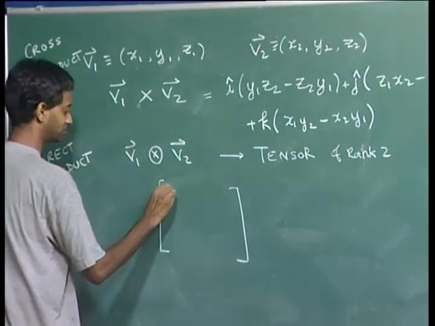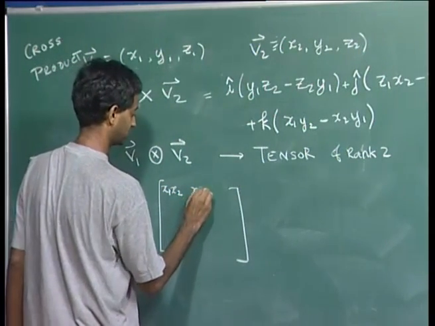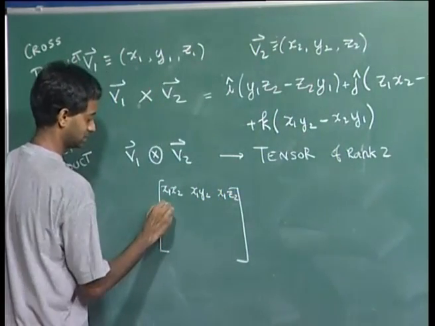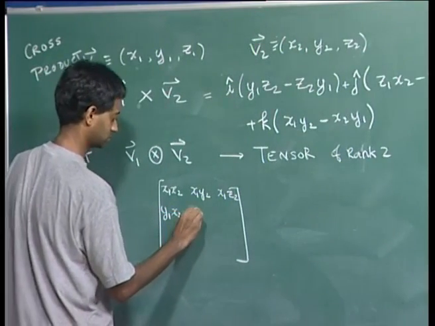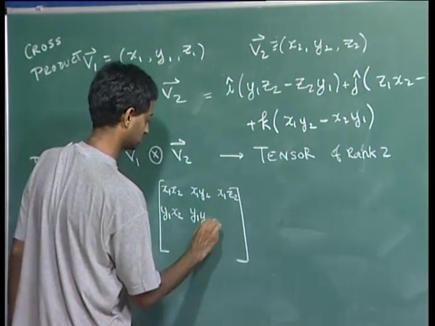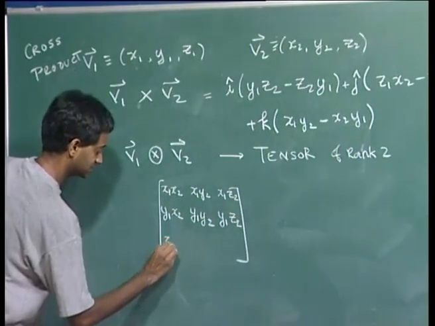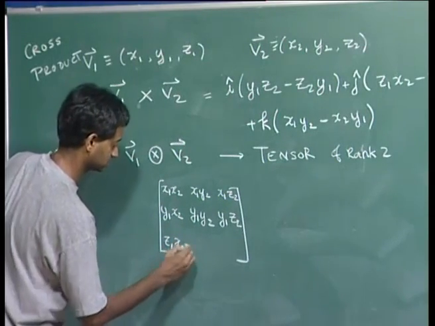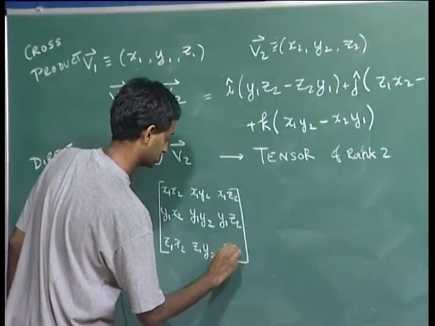So the 9 possible products are x1 x2, x1 y2, x1 z2, then you could have y1 x2, y1 y2, y1 z2, and you could have z1 x2, z1 y2, z1 z2.